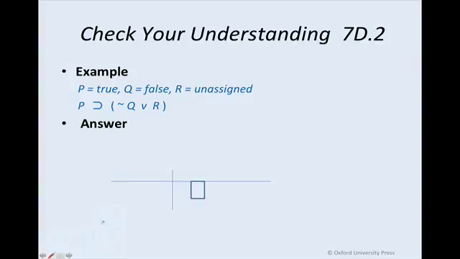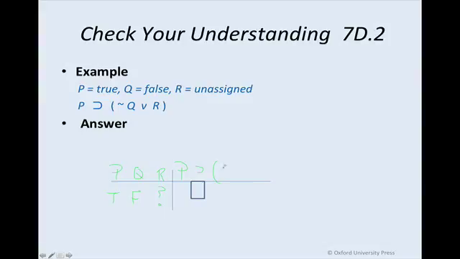Okay, so we're told P is true, Q is false, and R is undetermined. In other words, it hasn't been assigned a truth value. We also know that the main operator of the sentence is the horseshoe.